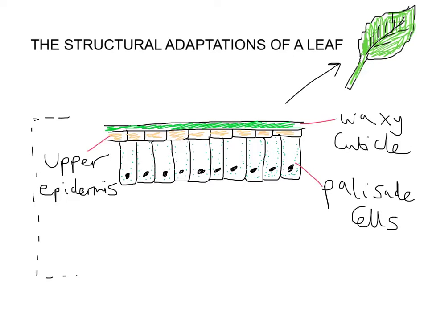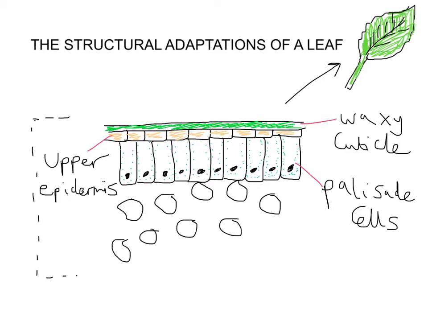So we've put our waxy cuticle in place, our upper epidermis, and beneath that are palisade cells that will trap the sunlight. And what you find just beneath those are these cells. I'll just draw in a few, and again I'll put some chloroplasts in them.